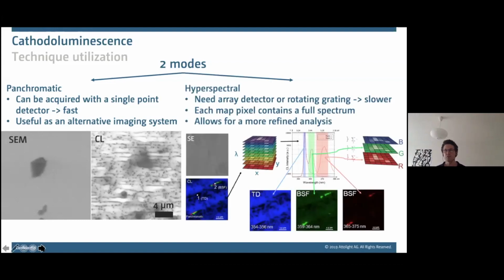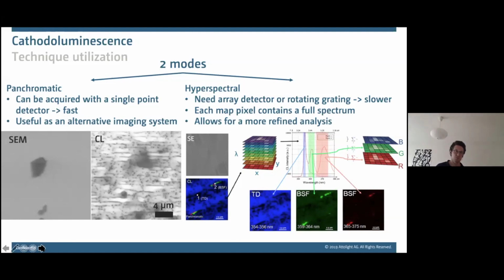The other, smarter way, which has been around for quite some time but has only been really practical to use in the past 5 to 10 years, is the hyperspectral mode.